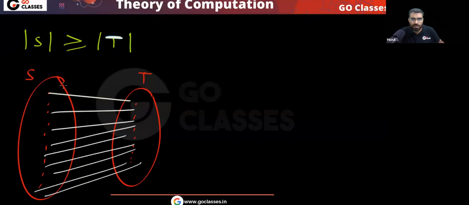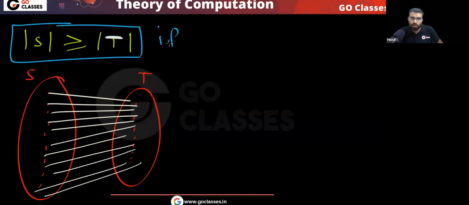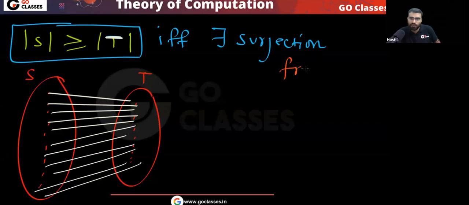You can cover all of them. So in this situation, this will happen if and only if there exists a surjection. From where to where?